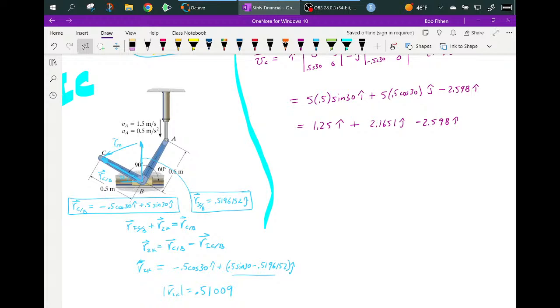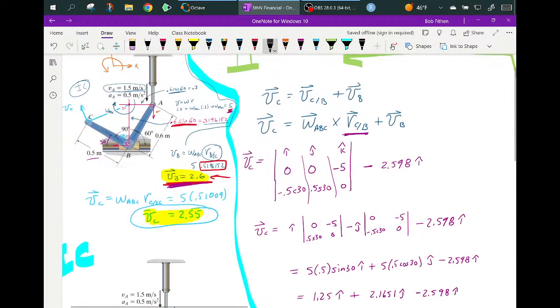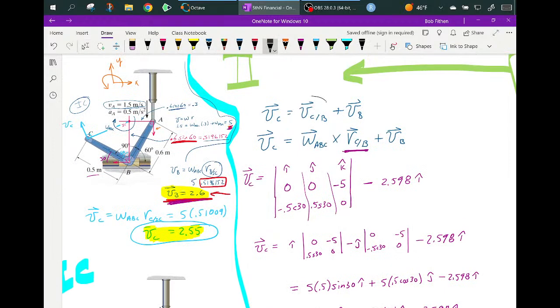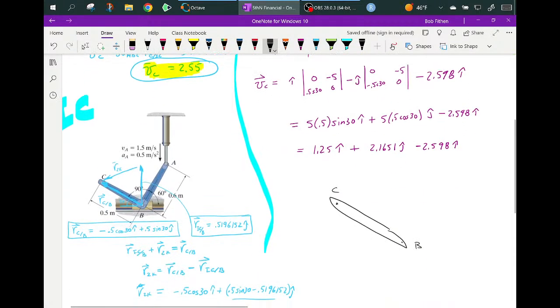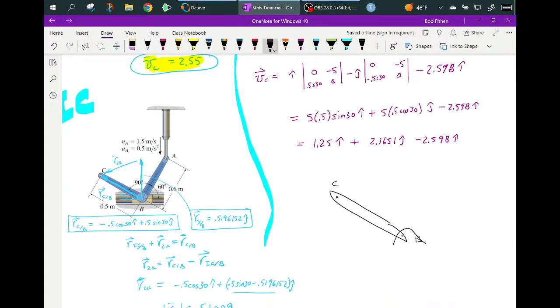If I had this thing drawn like this, whoops. This is point C, and this is point B. And you have to realize this is velocity of C, as if B were fixed.